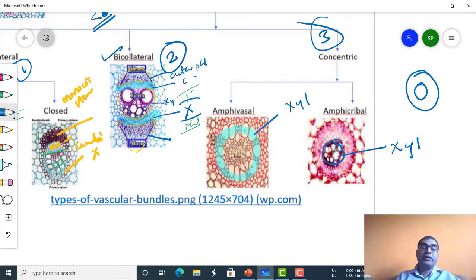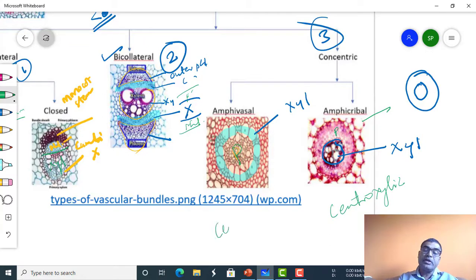Okay, and this one region is a phloem region. This one is a phloem region, here this one is a phloem region. So this one is an amphicribal or centroxylic type of bundle. Okay, and while this one is a centrophloic type of bundle, or this one is called an amphivasal.